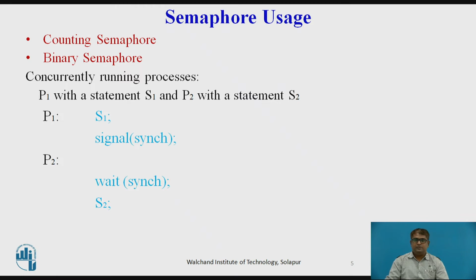Counting semaphores can be used to control access to a given resource consisting of a finite number of instances. The semaphore is initialized to the number of resources available. Each process that wishes to use a resource performs a wait operation on the semaphore, which means decrementing the count.